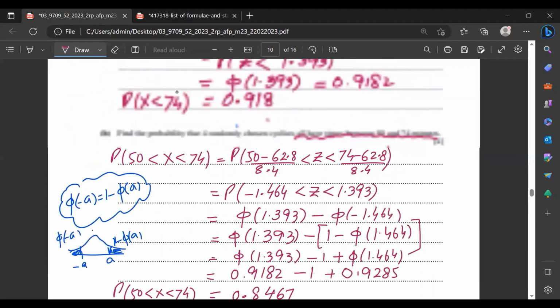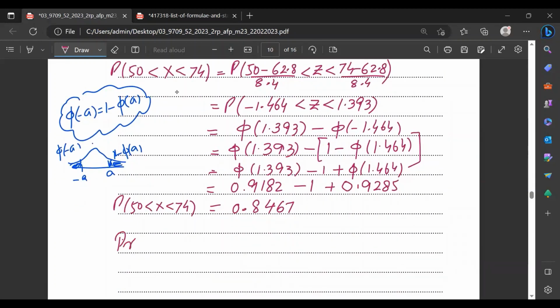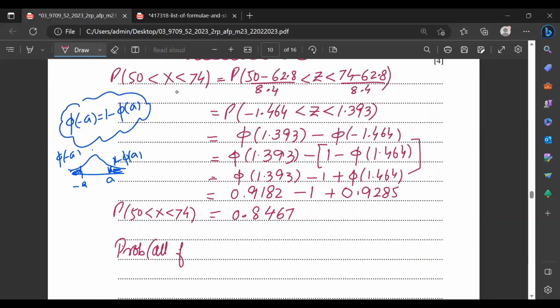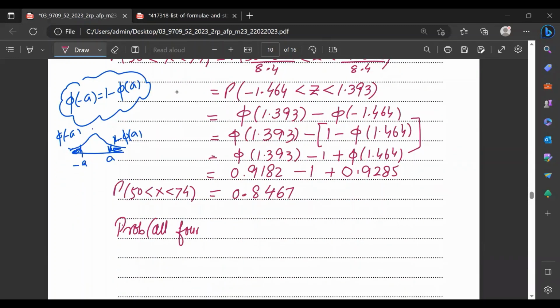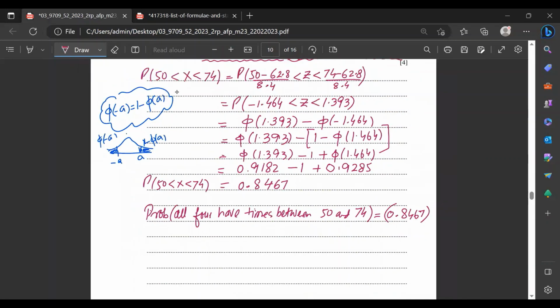So the required probability that all 4 have times between 50 and 74 means we multiply: 0.8467 raised to the power 4.